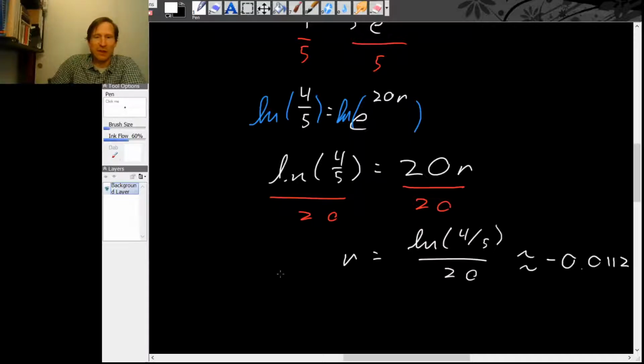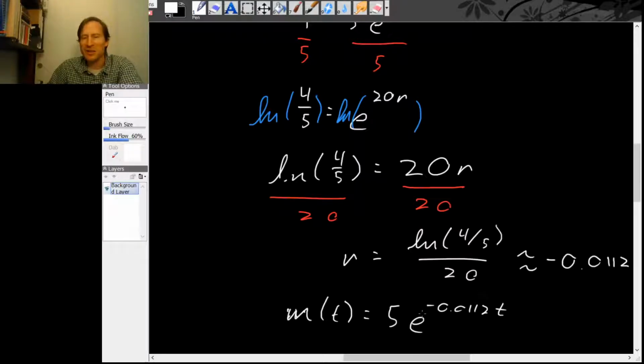All right, so that means our mass function, m of t, is 5 times e to the negative 0.0112 times t. Now it might worry you that this rate constant r came out to be negative, but this negative here is actually a sign that the mass is decreasing.